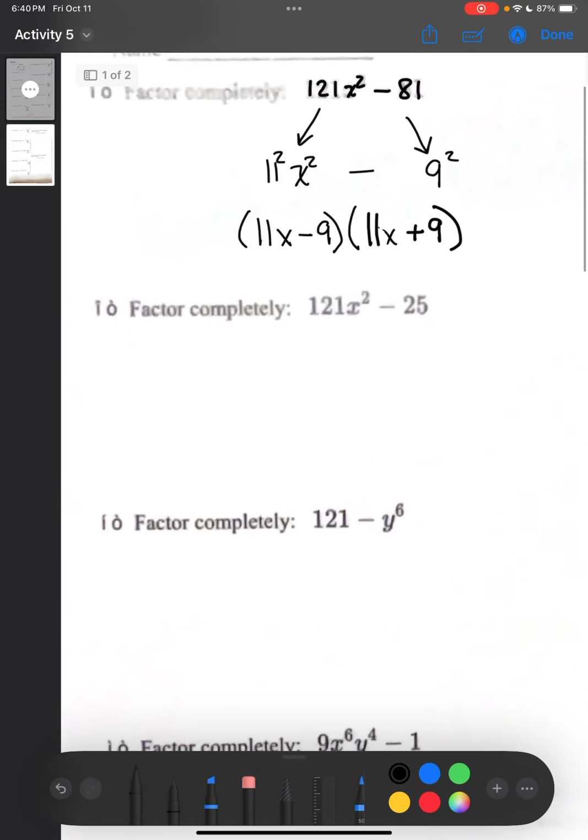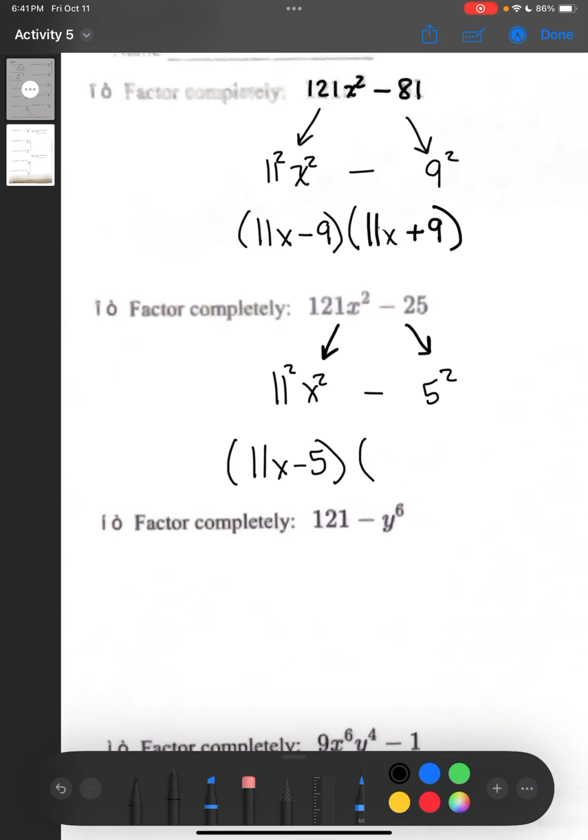The next one is also wanting you to see that there are perfect squares. We have 11 squared and x squared minus 5 squared, which is the difference of perfect squares again, which is 11x minus 5 and 11x plus 5.